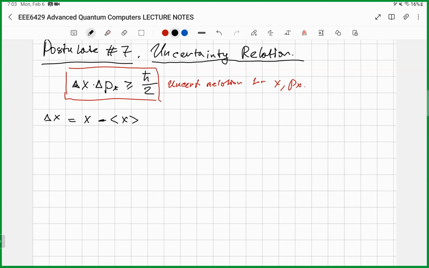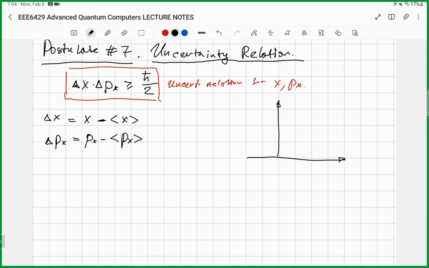And the same way, delta px is px minus the mean value of px. So basically this is the measure of how the result of measurement, right?